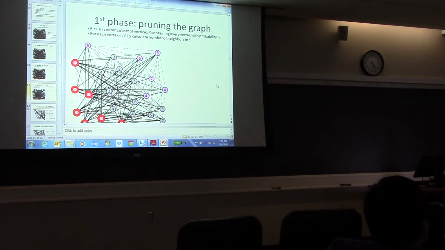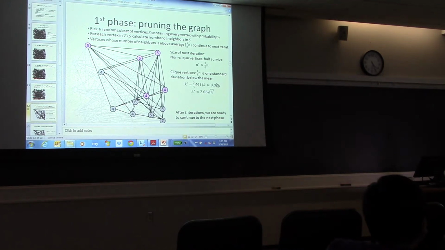Now the red part is random, so of course it will contain some vertices from the hidden clique and mostly vertices outside. Okay, so that's the first phase. Now, in the next phase, we're going to, first of all, throw away all the red nodes, and among the rest, keep those that had more than the median number of neighbors in the red part.